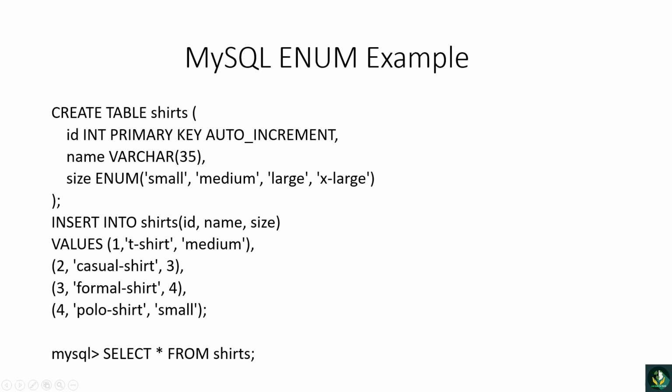Next we need to insert the values into the table. During insertion, the enumeration value can be inserted either as the string literal or its numeric index, and both are the same.